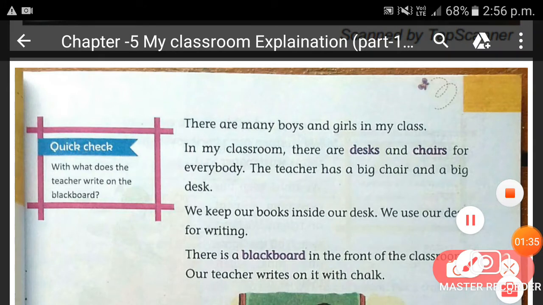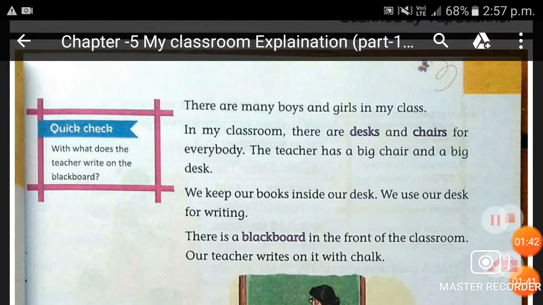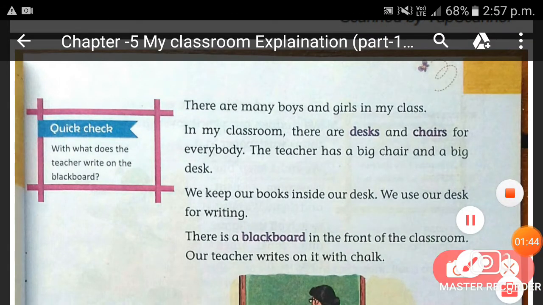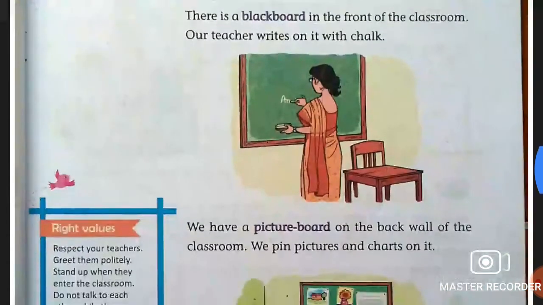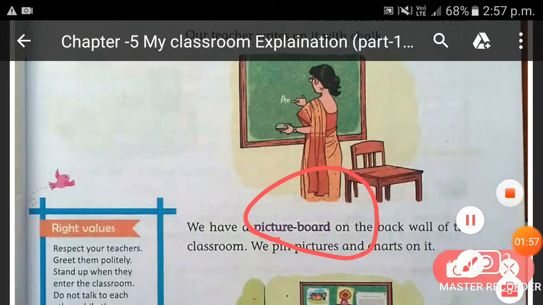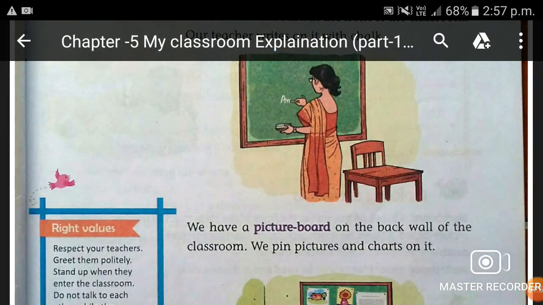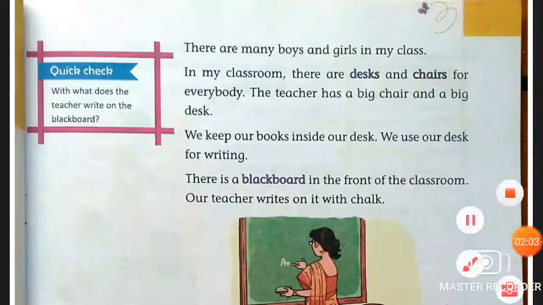We had learned about the different things in a classroom and their uses. So what are these things? These things are desks, chairs, blackboard, and picture board. So we will revise once and then we will go further.